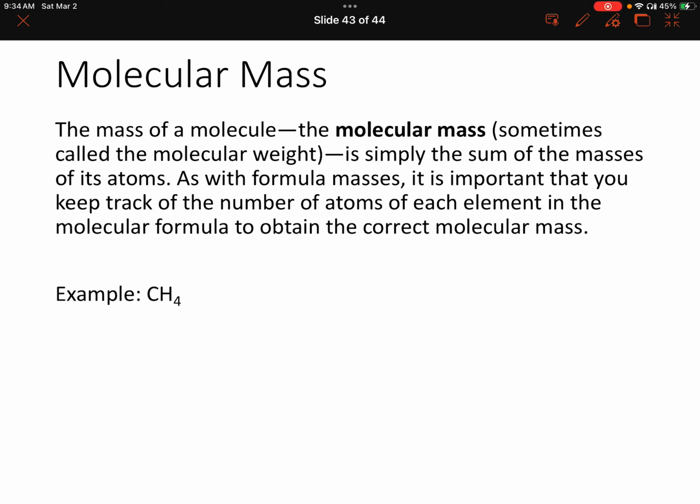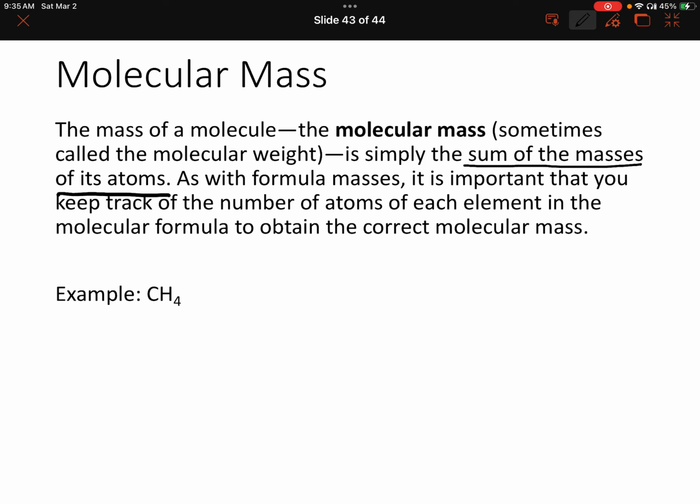But now let's talk about how to calculate molecular mass for molecules. Now, this is just going to be the sum of the masses of the atoms in the molecule. So it'll be really, really simple. Very similar to how we calculated the ionic compound masses.